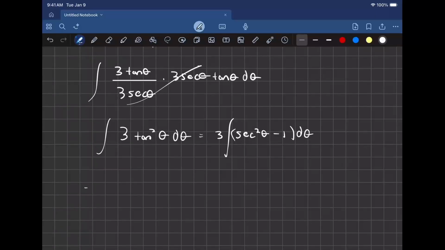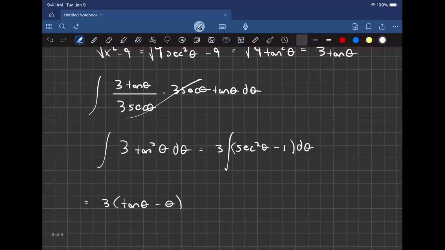Now, I know the derivative of tangent is secant squared theta. So we'll have 3 times tan theta minus the integral of d theta, which is just theta, plus c.